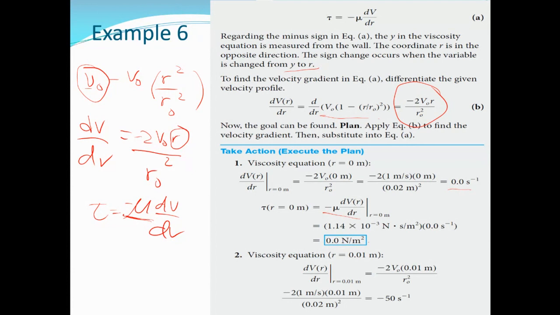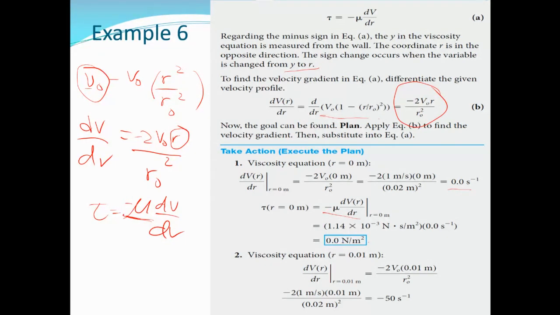Of course, at the center, the shear stress is 0. You may not even need to make this substitution, but to prove that it is 0. If you substitute and realize it's not 0, definitely you know that you are wrong, but it must be 0 at the center point of the pipe.